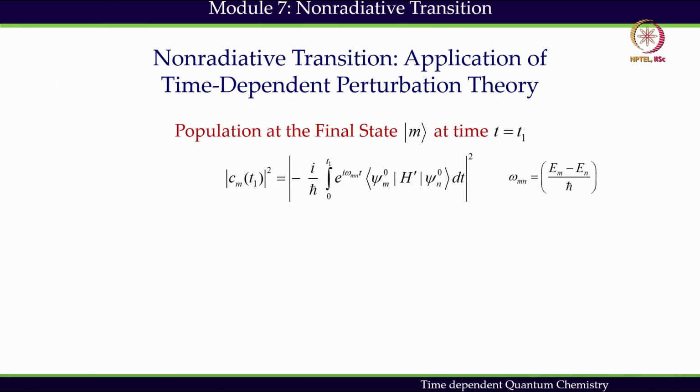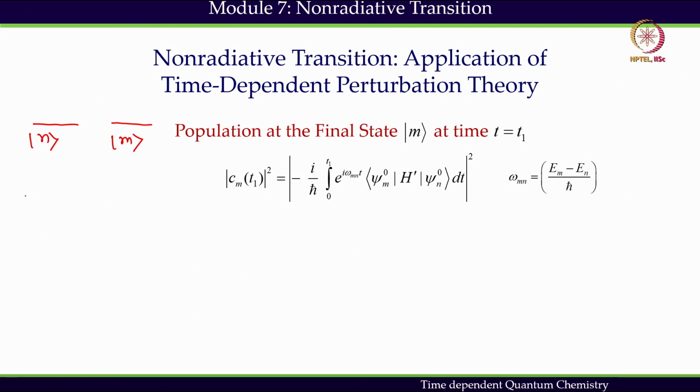So using that, say I had an initial discrete state n and I had another state m, and the interaction process started.